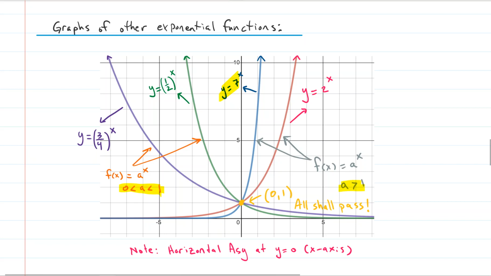And another cool thing is they all go through the point (0, 1). All shall pass through the point (0, 1). Really important note. Also, we have a horizontal asymptote at y equals 0, which is the x-axis. So that gives you kind of a feel for different types of exponential functions.